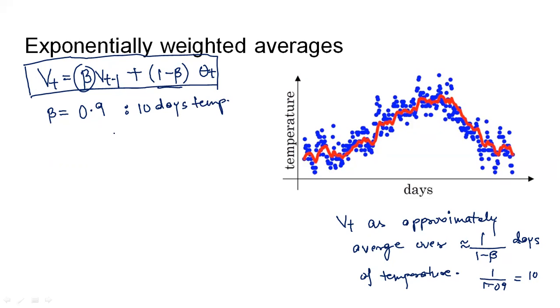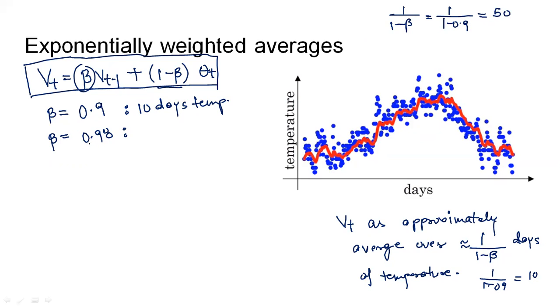Now if I take the value of beta to be a bit closer to 1, let us suppose I take beta as 0.98, then 1 upon 1 minus beta is 1 upon 1 minus 0.98, which equals 50.